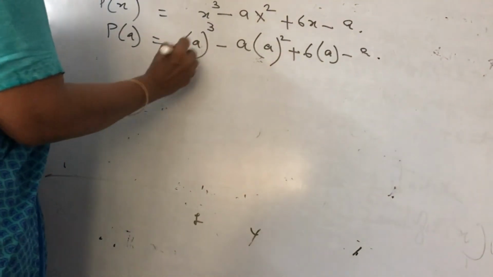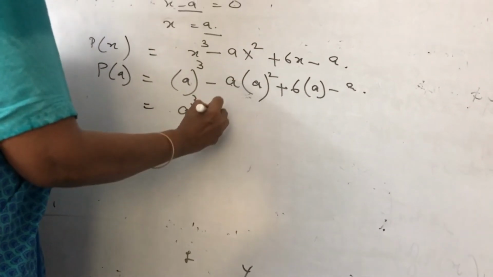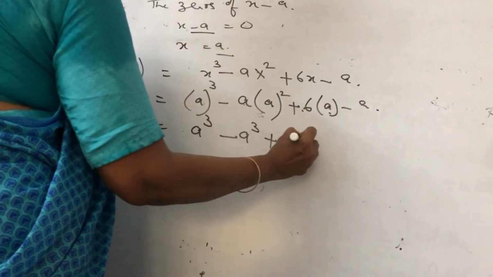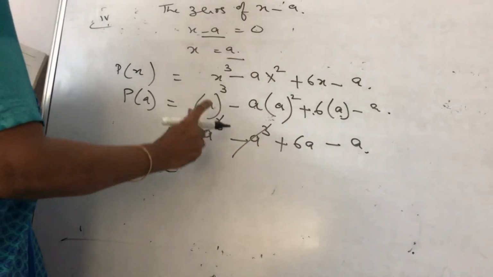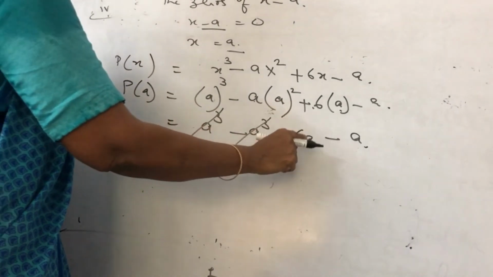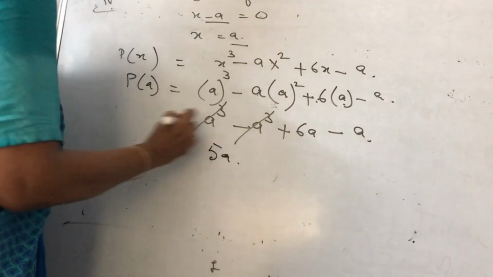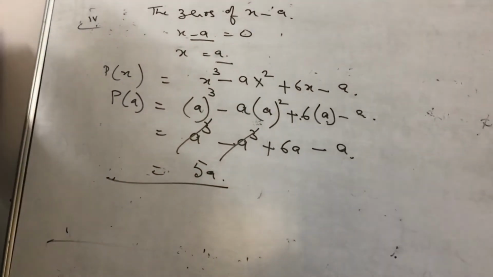What is a on cubing? a cube. a into a squared, a cube. 6 into a, 6a minus a. You can cancel plus a cube minus a cube. And 6a minus a, these are like terms, children. Your value is 5a. The remainder is 5a.